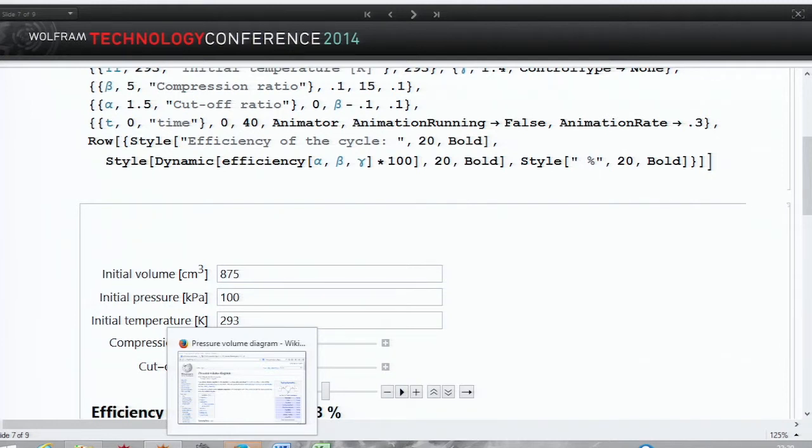You built this simulation to apply in the classroom? So the question was whether this simulation is applied in the classroom.